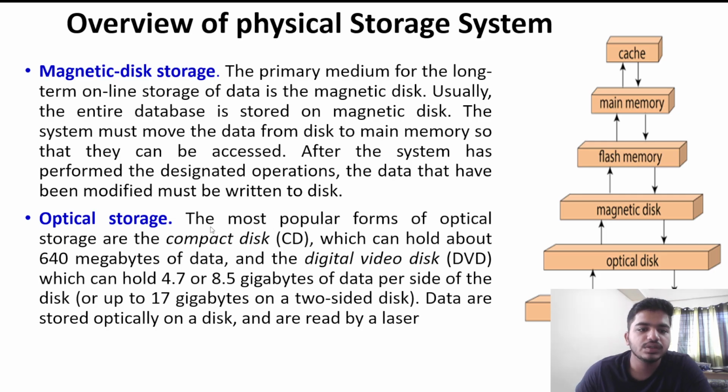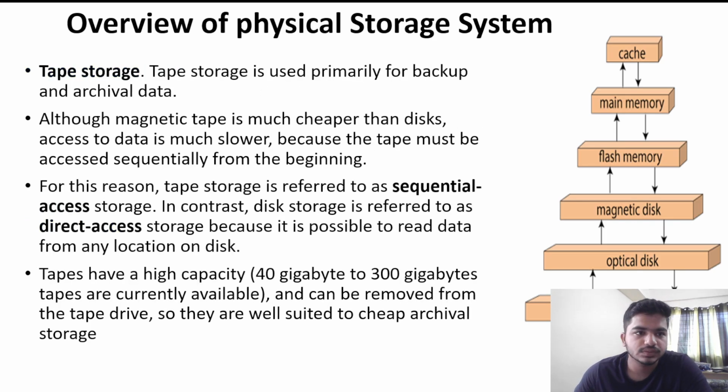Optical storage: one of the most popular forms is the compact disk. It can hold about 640 MB of data, and a DVD, digital video disk, can hold 4.7 to 8 GB of data per side of the disk. The next is tape storage. Tape storage is used for backup and archival data.